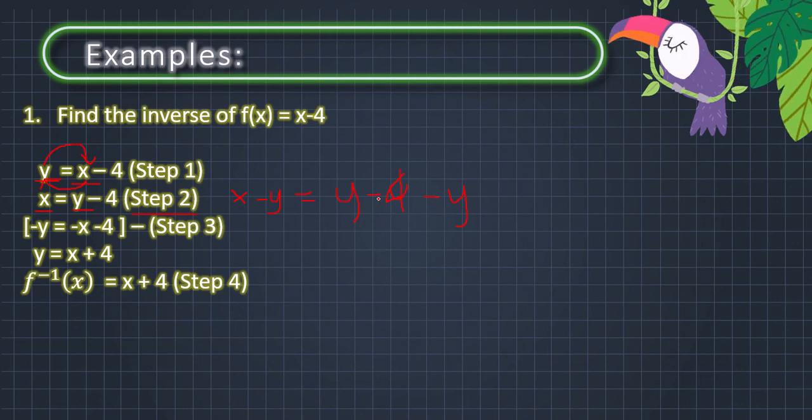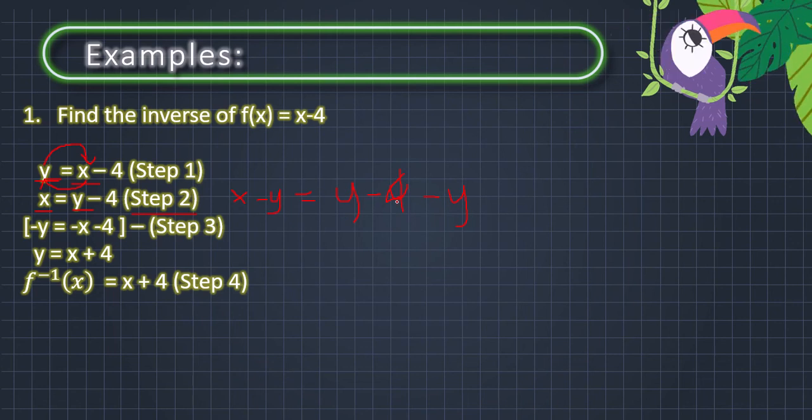And after that, we're also going to apply the addition property of equality. We are going to subtract x because x is positive here. As you transfer that to the right, it will turn negative: minus x and minus x here.